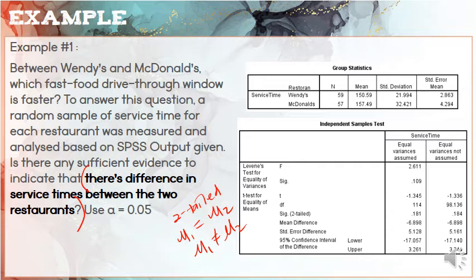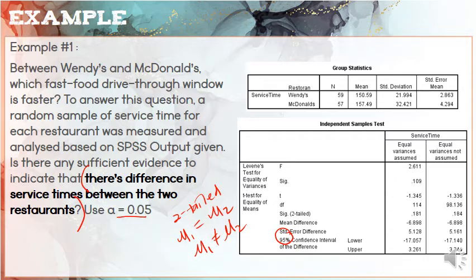Okey. Seterusnya, sebab dia dah bagi awak SPSS output, awak boleh tengok dekat sini, confidence interval yang dia bagi adalah 95% confidence interval. So, soalan pun dia kata pakai alpha 0.05. Okay, nanti kita tengok soalan-soalan selepas ni, adakah dia still maintain 95%.